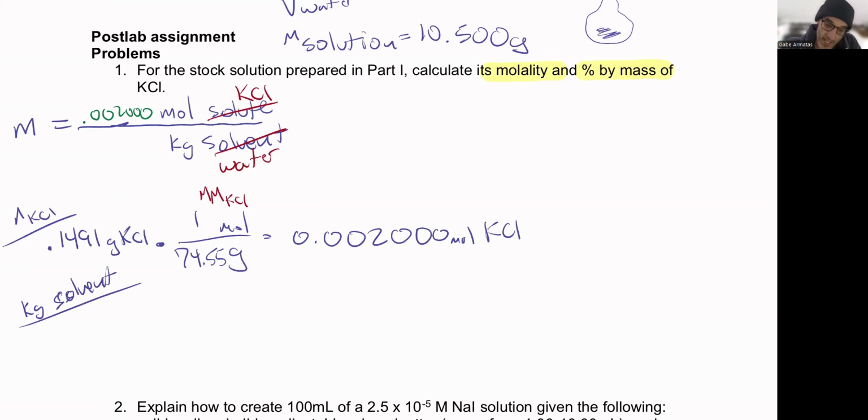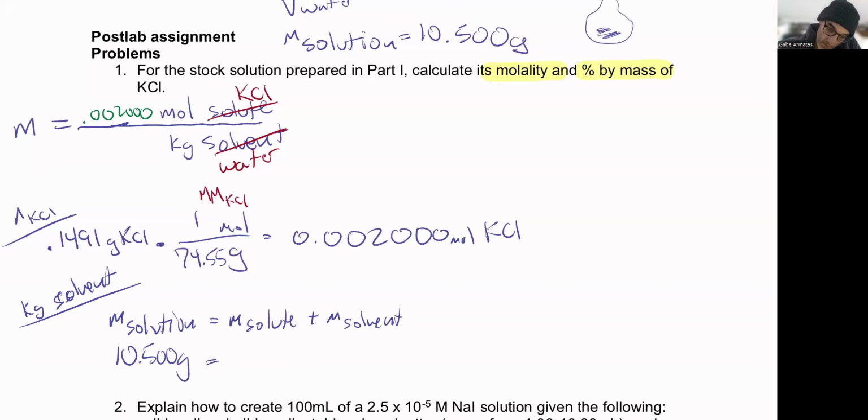Well, we have the mass of the solution, which is 10.500 grams. We know the mass of the solution is made up of the mass of the solute plus the mass of the solvent.